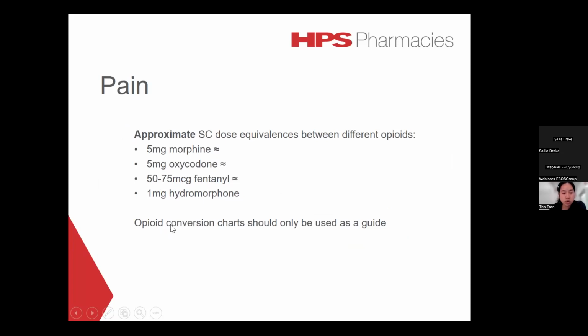It is important to remember that any opioid conversion chart should be used as a guide only. Individual patients can vary in their response to different opioids. Therefore, when converting one opioid to another, the new opioid is typically initiated at around 50 to 75% of the calculated analgesic dose. Adequate analgesia should be available for breakthrough pain.